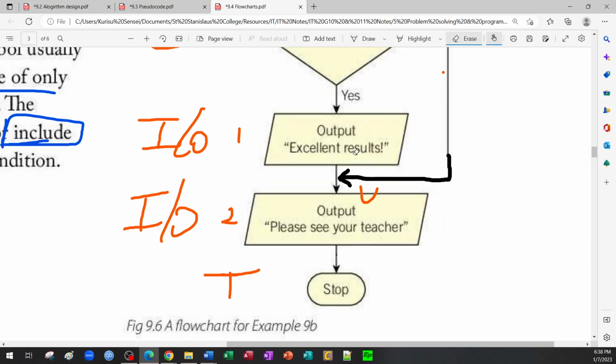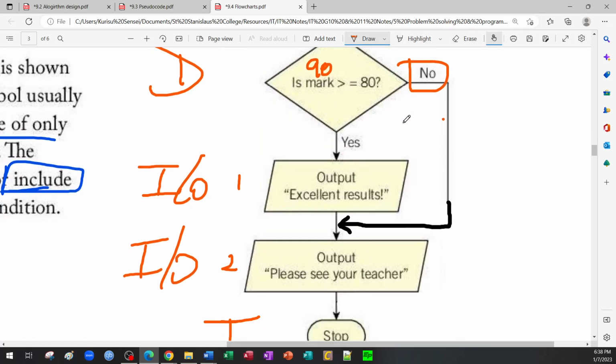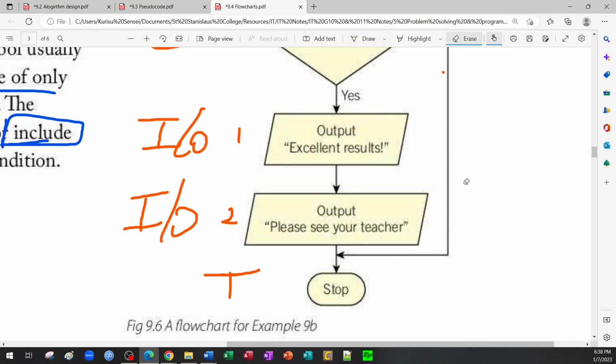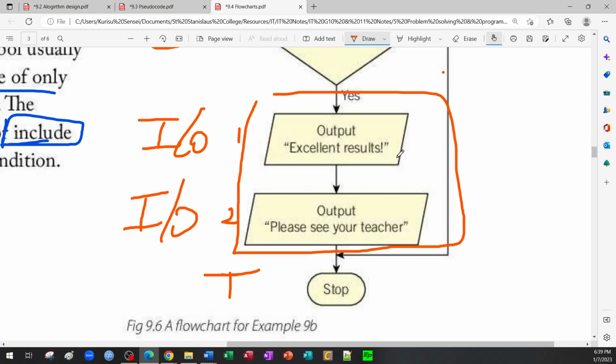But based on the new line, if it is no, we follow the line, we come here, we ignore this one here, and we carry out the second output. But in this case, that was not the case. The line went straight to the end. So basically, these two can be grouped together as one single output.